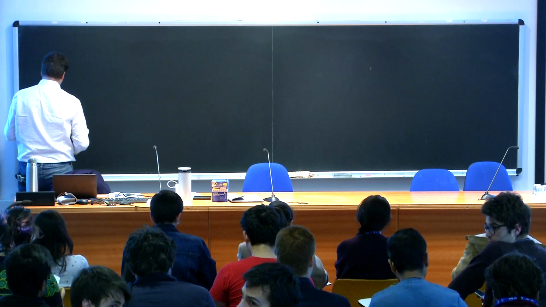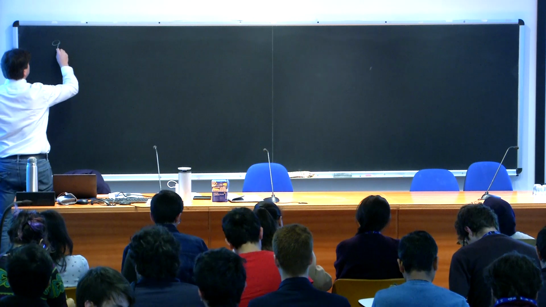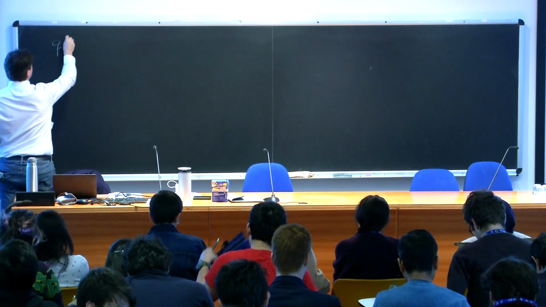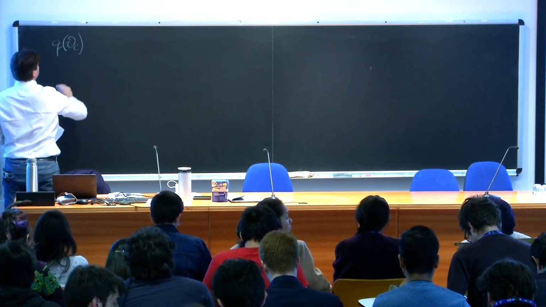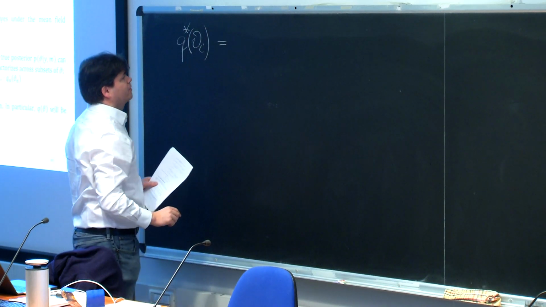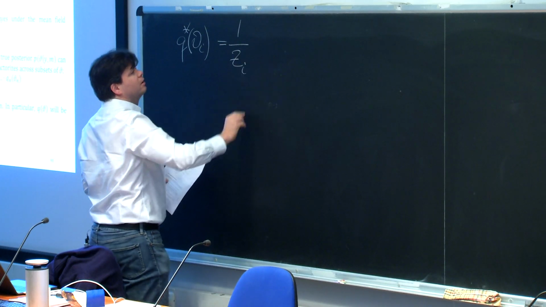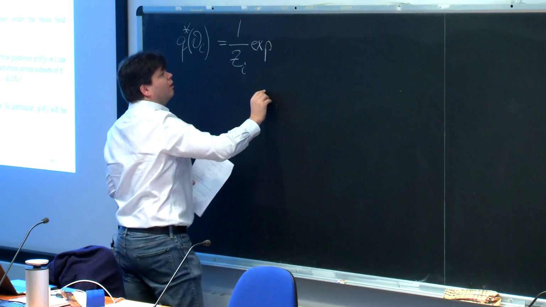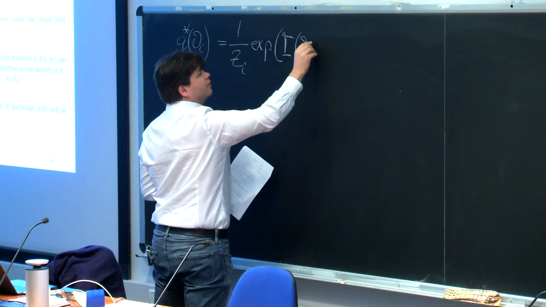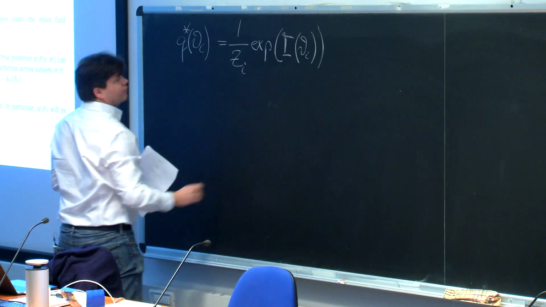The first is that if you do mean field approximation, then you get an optimal Q of theta I. This is our Q star of theta I, which is proportional to the exponential of the variational free energy. And the important quantity here is, of course, this.